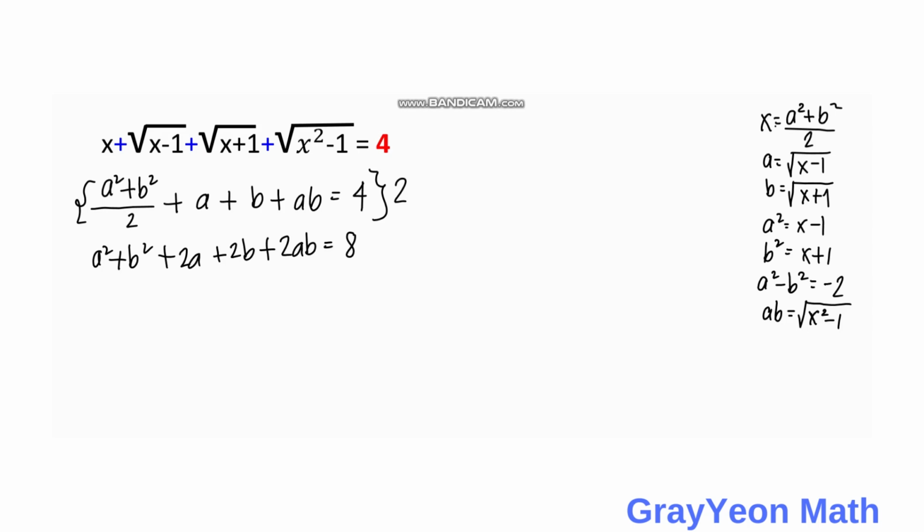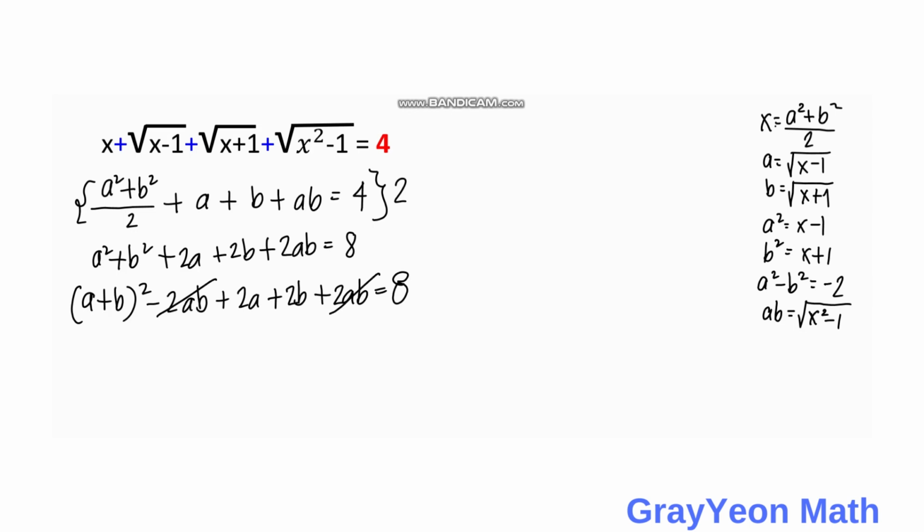Then this a squared plus b squared can be written as (a plus b) squared minus 2ab, plus 2a plus 2b plus 2ab is equal to 8. Then we simply cancel this negative 2ab and positive 2ab.